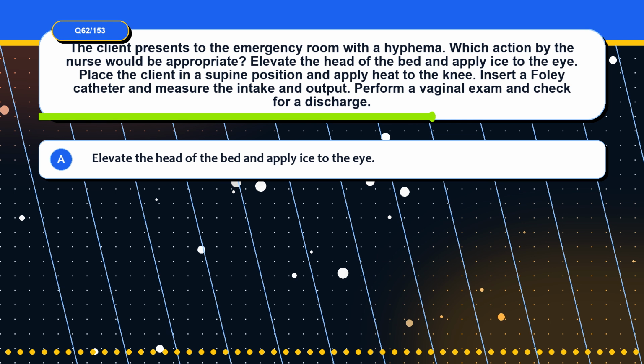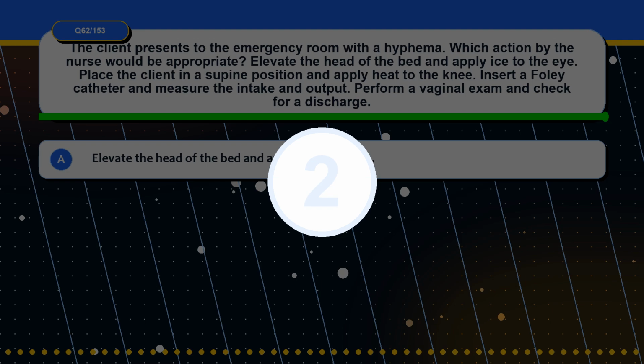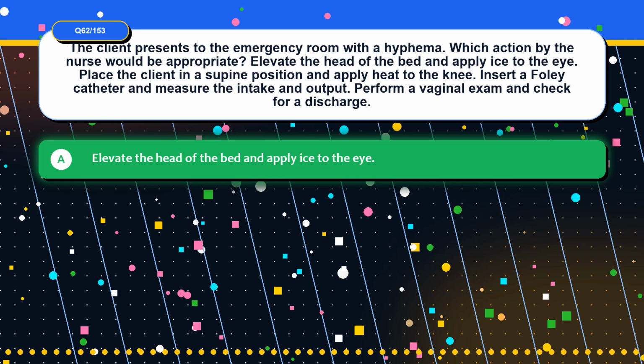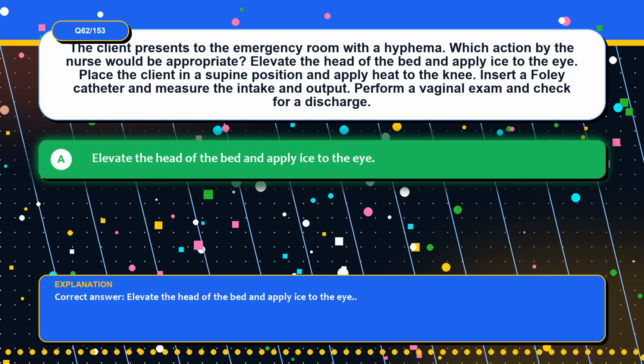Perform a vaginal exam and check for discharge. The correct answer is option A, elevate the head of the bed and apply ice to the eye.